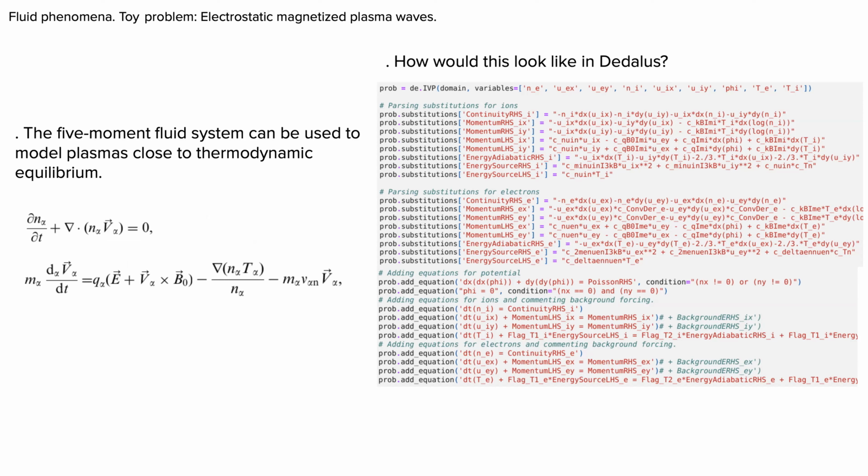These are the equations that I'm solving for the potential, for the ions, and the electrons. As you can see here, the electrons, for example, have this continuity term. And this is just a variable in the namespace that accounts for all of these operators here. And you can see the operators can also be introduced in a LaTeX type of form.